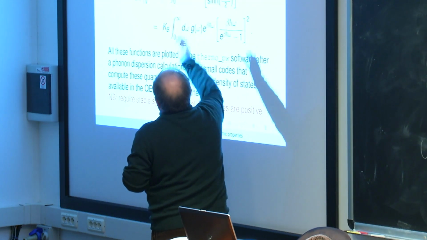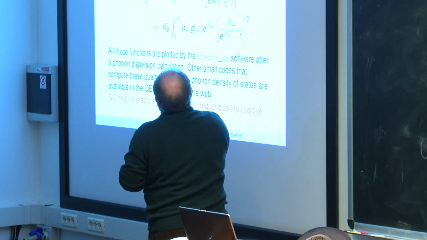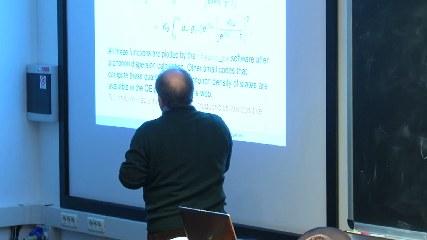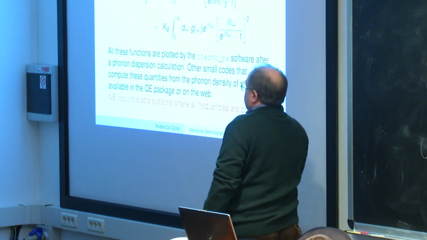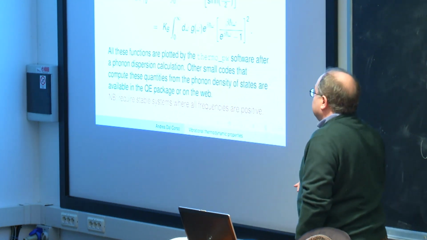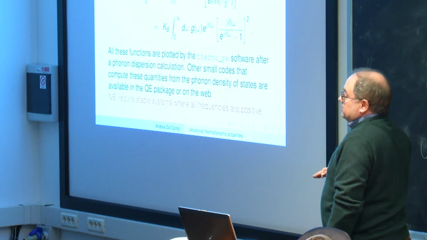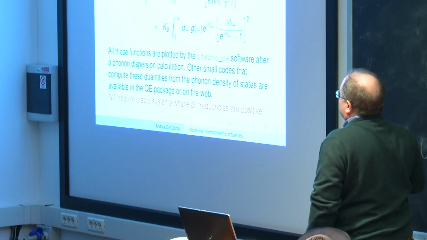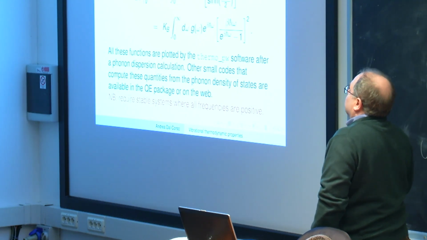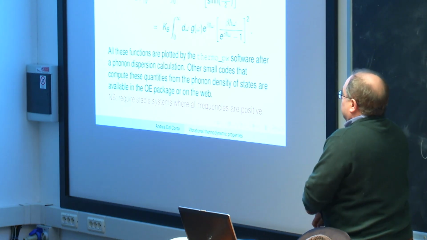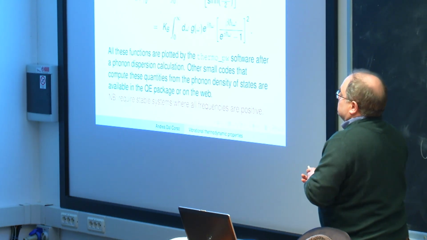And integrating with the phonon density of states, we can get these four functions: free energy, vibrational energy, entropy, and specific heat. An important point: these formulas are valid if all your frequencies are positive. So it requires that you have a stable system. You cannot use this kind of formula if you have some frequency that is imaginary.